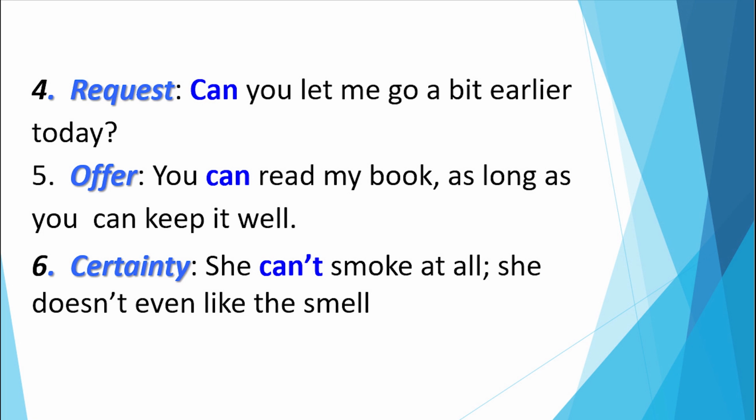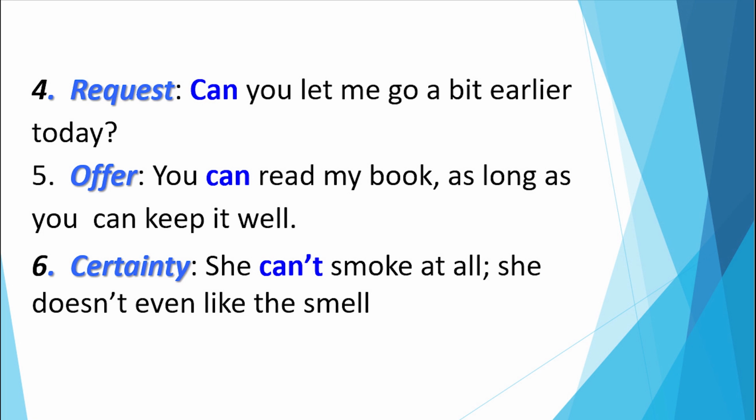5, offer. You can read my book as long as you can keep it very well. 6, certainty. When we want to express that we are sure about something. She can't smoke at all. She doesn't even like the smell of it.